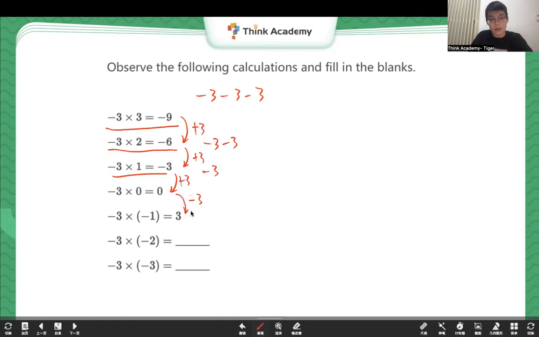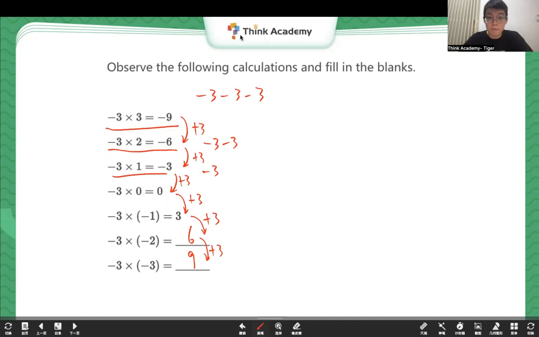No, adding another 3, such that it becomes a 3. So from 0 to 3, and you can see that's how we can multiply two negative numbers together, which means that if I have -3 multiplying -2, it's going to be adding another 3, such that it becomes a 6. And for -3 multiplying another -3, it's going to add another 3, such that it becomes a 9.